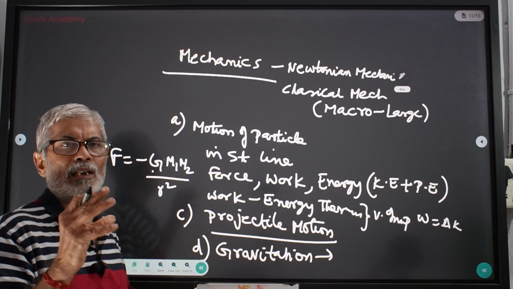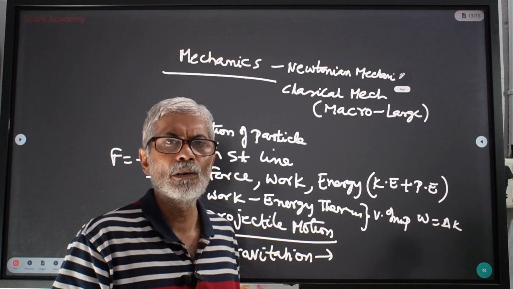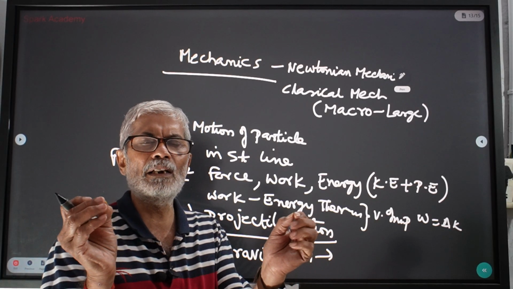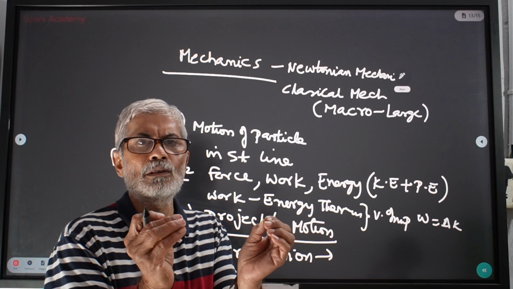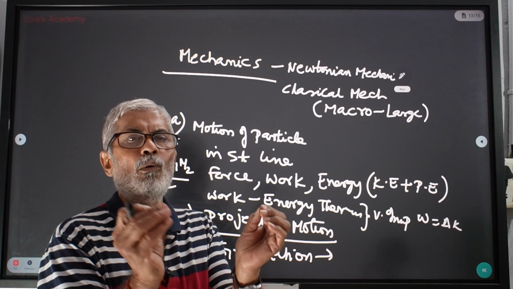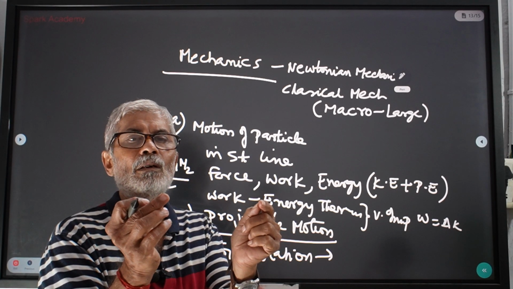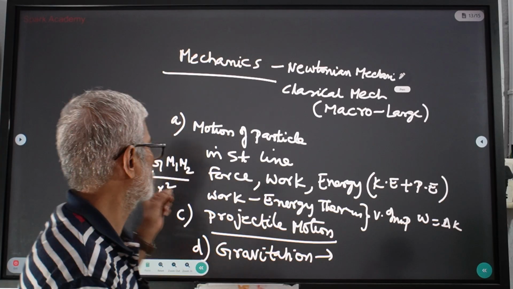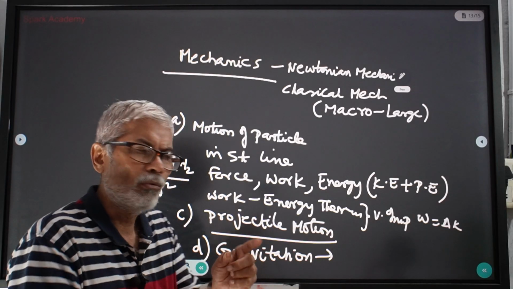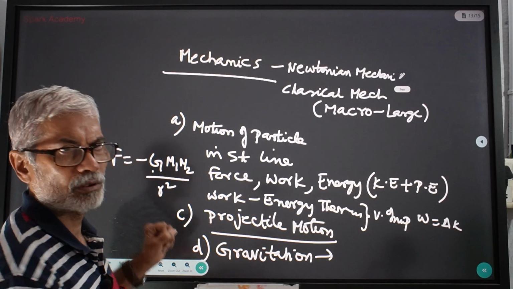Sometimes in a numerical problem they will ask, suppose the distance between the bodies is increased by 4 times, then what effect will it have on force? R is increased by 4 times, what will be the effect on force?